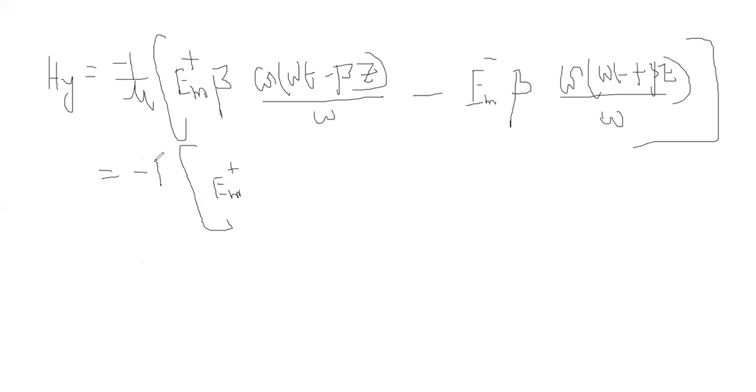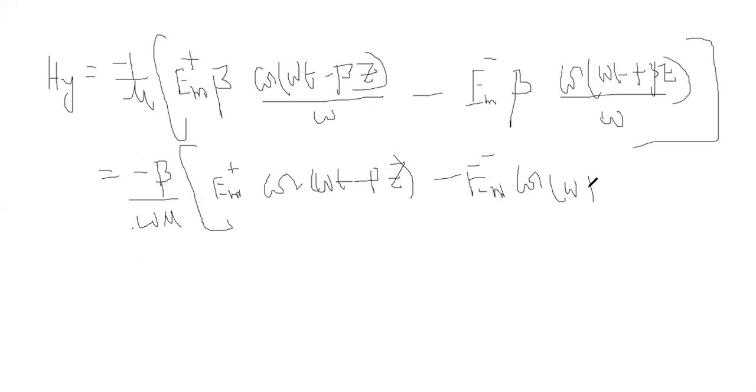I am writing this as a beta by omega mu, Em plus cos omega t minus beta z minus Em minus cos omega t plus beta z. Okay. Again, you have got the same function, that is Em plus cos omega t minus beta z and minus Em minus cos omega t plus beta z.